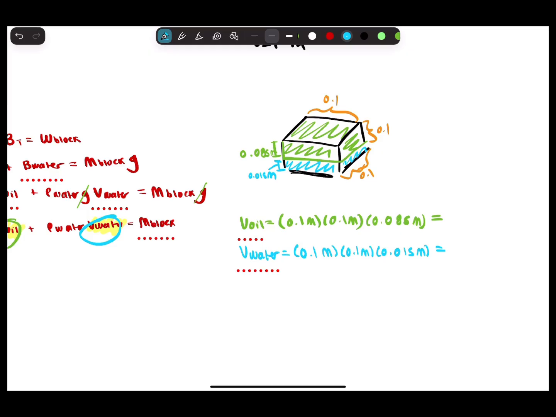Now, if I calculate all of these numbers, let's see. Water is 0.00015 meters cubed, and the volume of oil displaced is 0.00085 meters cubed.